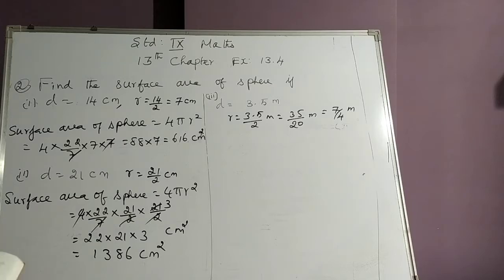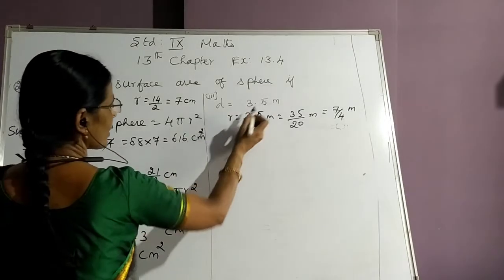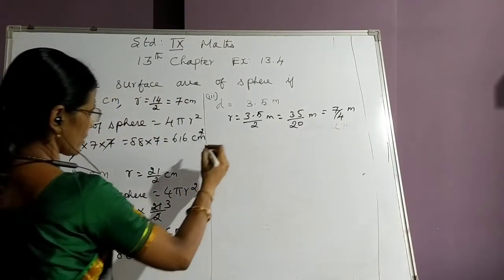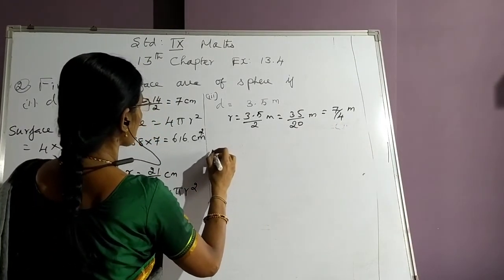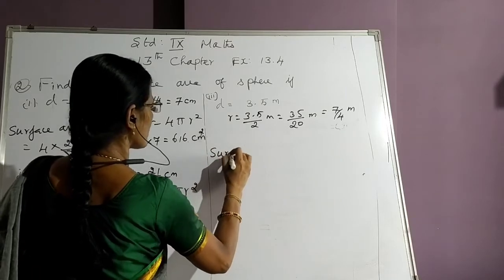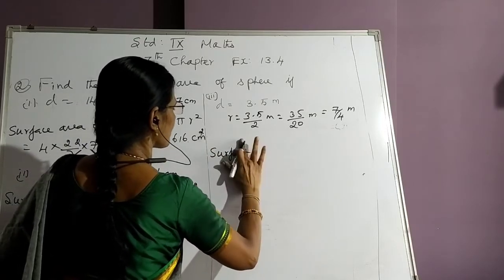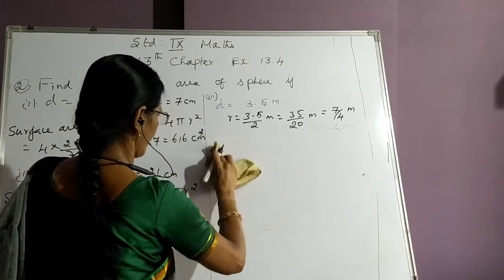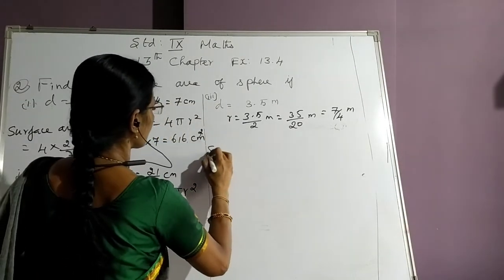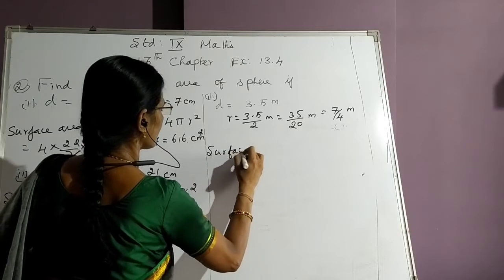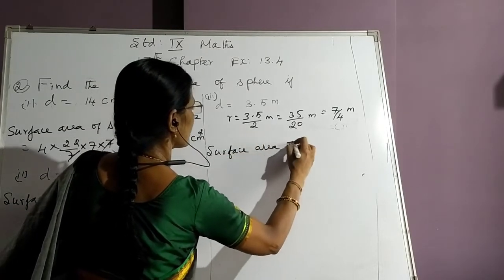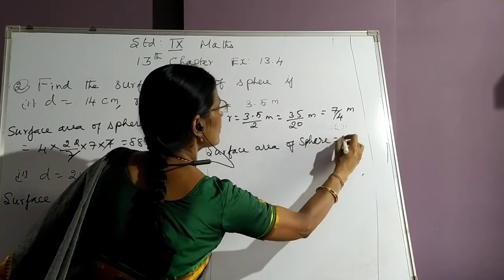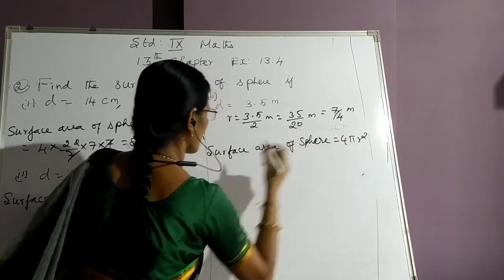Now come to the third subdivision. D is given 3.5 meter, we got r is equal to 7 upon 4 meters. This we are going to substitute in the formula, surface area of sphere. Four pi r square.